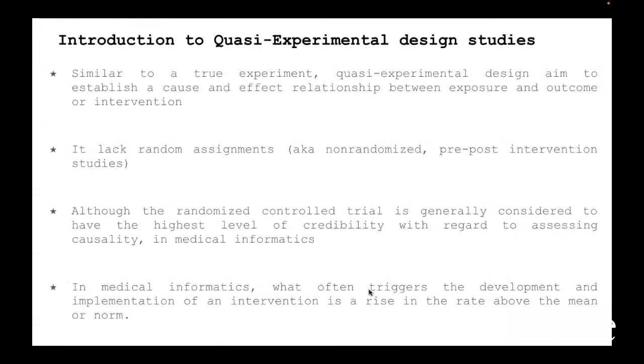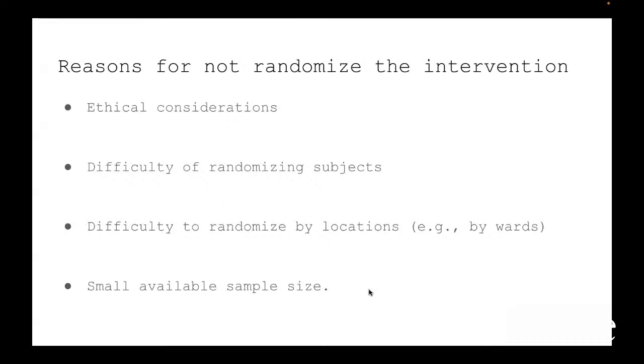So as I said, in the quasi-experimental design we don't have randomization, and there are several reasons why we don't randomize patients or participants. Some of the reason is ethical consideration. If the treatment is going to help patients get better or save their life, and you don't give them treatment for research purposes, that is not going to be considered ethical.